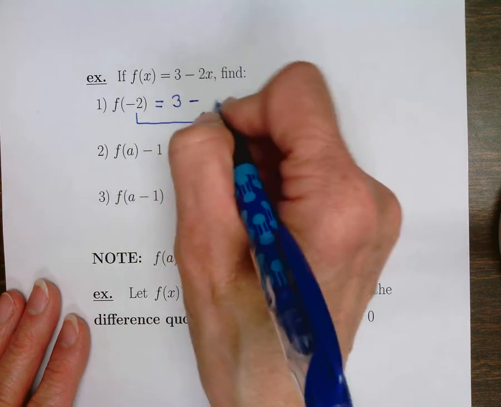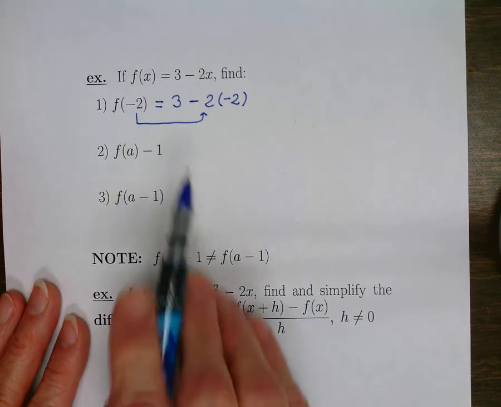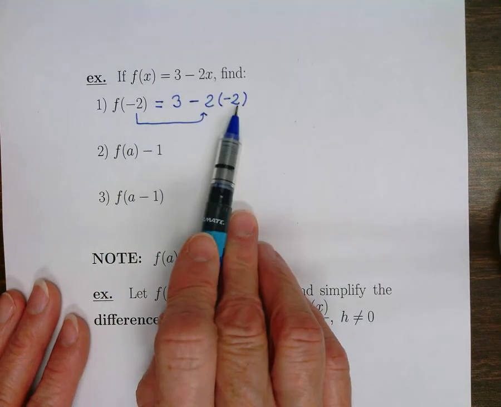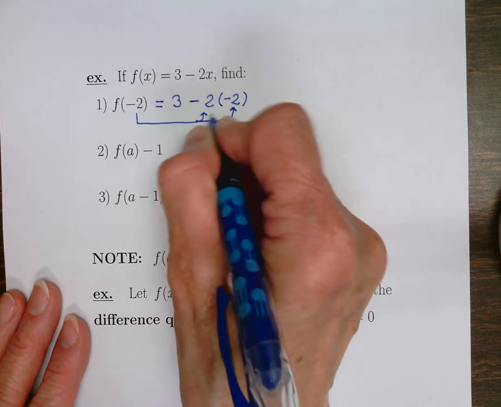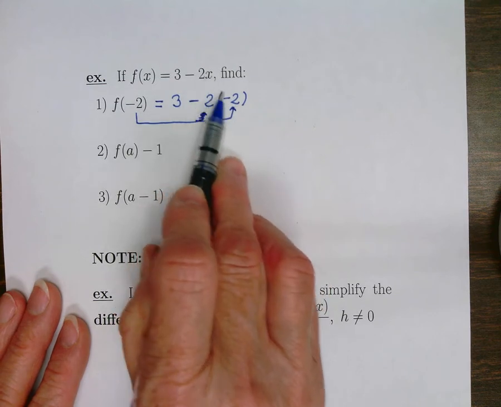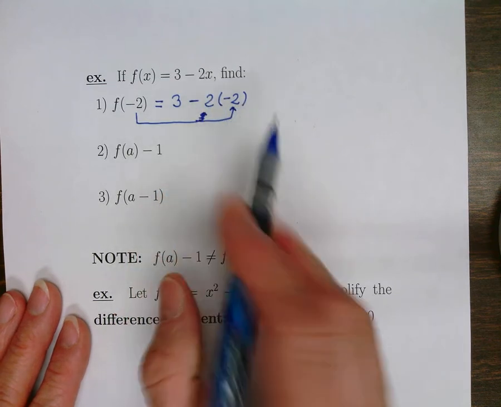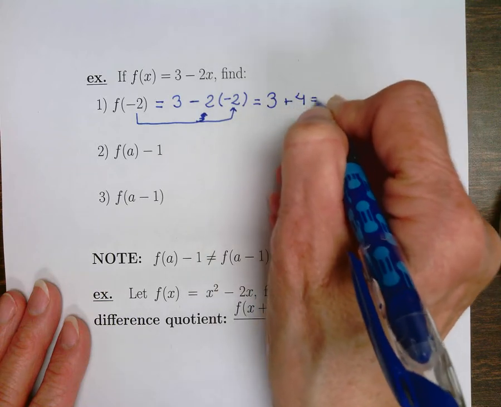Replace every x with the argument negative 2. Okay, I replaced x with the argument. Okay, and so actually I should put this over here. This negative 2 goes where x was in the function. And so that's 3 plus 4 is equal to 7.